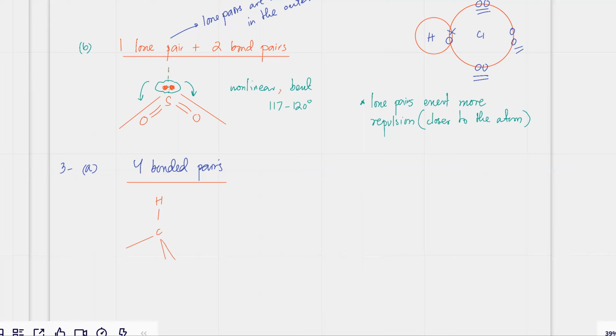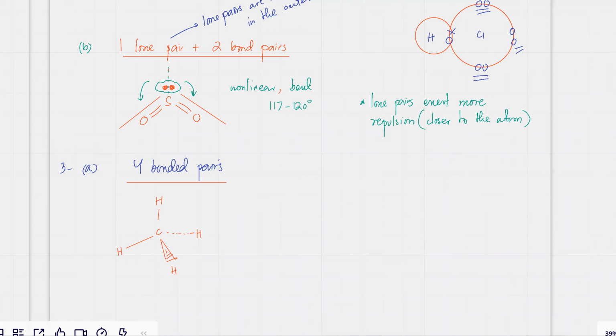So that means the shape is going to be similar to, there would be one bond coming towards you, one bond going into the page, so it's going to look like this.